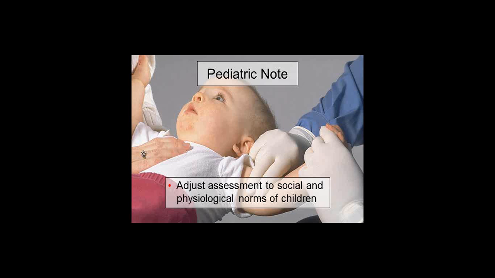I don't expect anybody to immediately recite what the normal vital signs for a 7-year-old child would be. So use your resources. A lot of ambulances have a little cheat sheet, and that's fine. Throw your little laminated cheat sheet in your assessment kit.